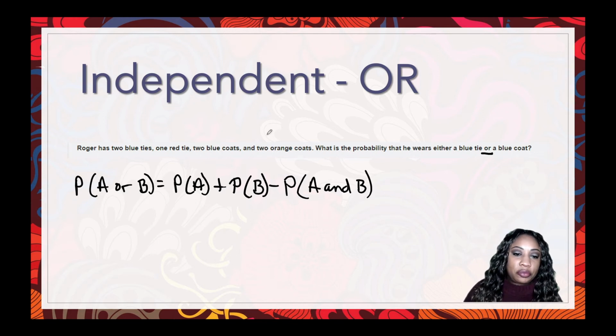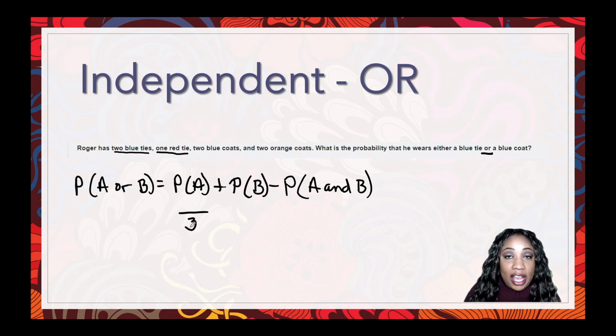All right. So the probability of A is that he wears a blue tie. Now you want to be sure you are reading everything carefully because we are looking for a blue tie. So he has 2 blue ties and 1 red tie, so he has a total of 3 ties.